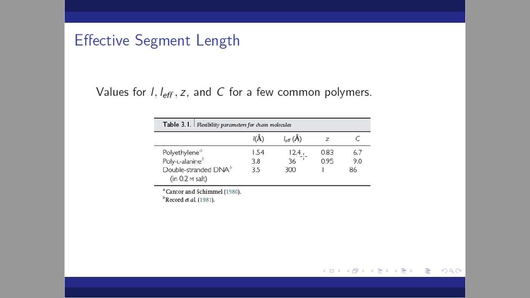Kalau contohnya polyethylene ini, kita katakan the end to end root mean square dia adalah 1 cm, tapi sebab oleh this stiffness, it will be 6.7 cm.